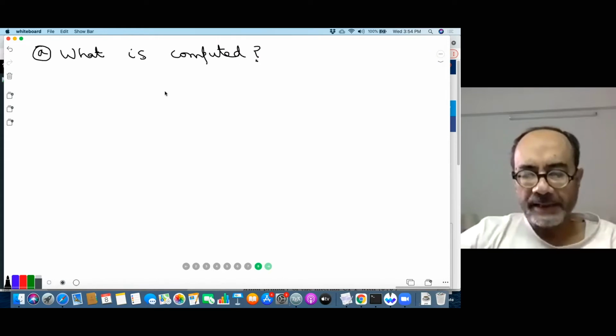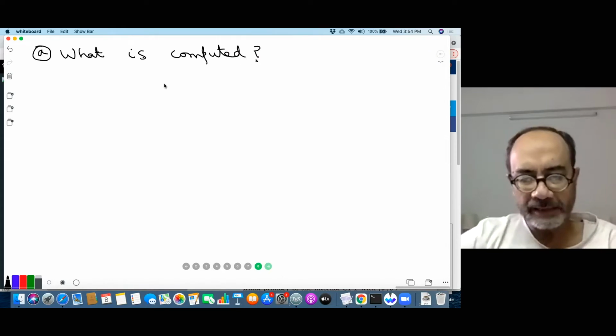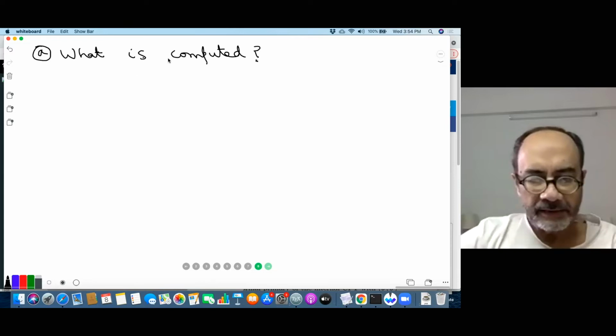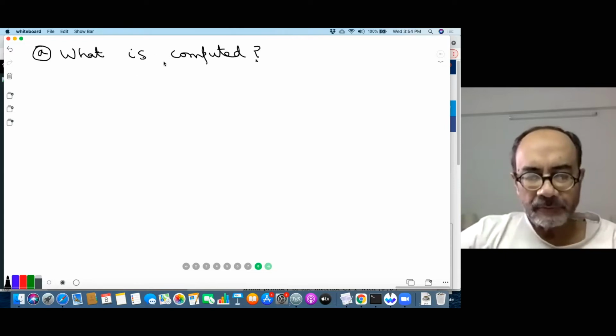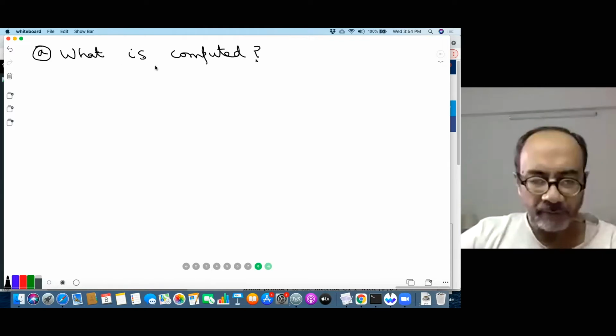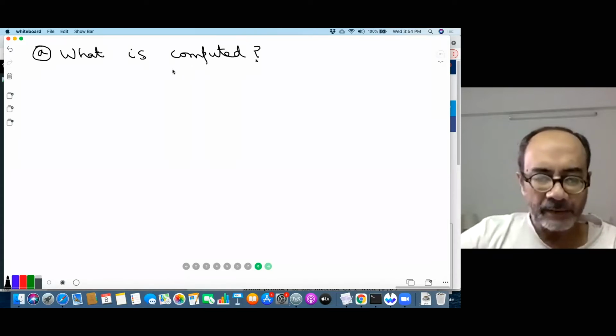You have to do a little more work to extract the string S matrix. Okay. But whatever it gives can be used to extract the S matrix. Okay, but before we can say how to extract the S matrix, we need to know what exactly is being computed. Okay, only then you will know how to relate to S matrix.